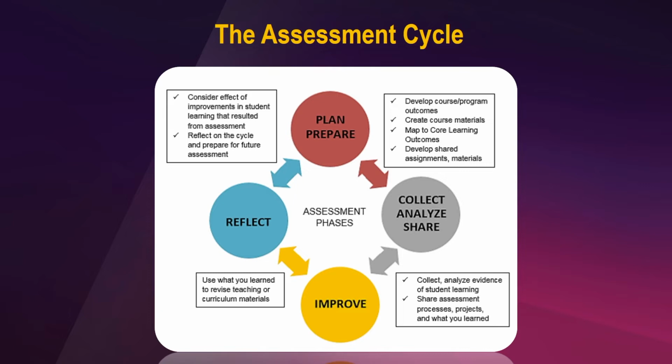Then use what you learned to revise the teaching or curriculum materials, and finally consider the effect of improvements in student learning that resulted from assessment, reflect on the cycle and prepare for the future assessment. These are all the assessment phases, or the assessment cycle.